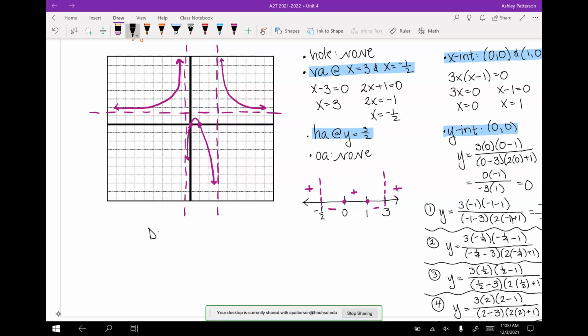Our domain is going to be all real numbers except x cannot equal -1/2 or 3. For interval notation, we're going to say that it goes from -∞ to -1/2, non-inclusive, union -1/2 to 3, both non-inclusive, union 3 to infinity.